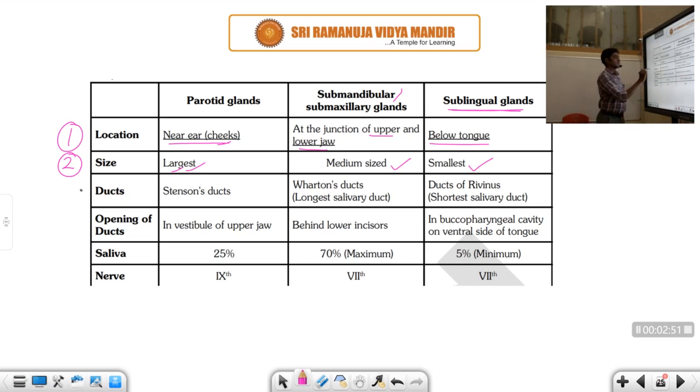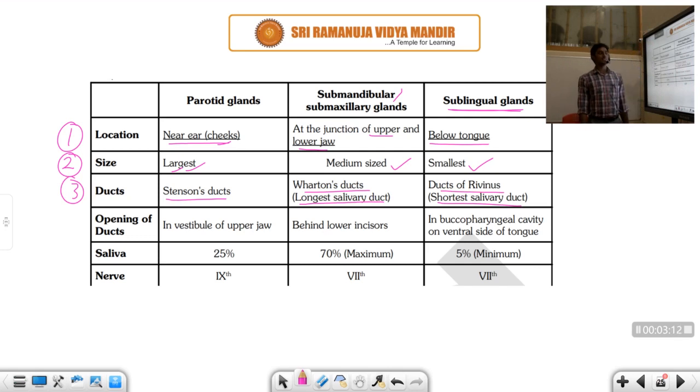Next, ducts. There is a duct between the palate and the parotid gland, called the Stenson duct. There is Wharton's duct, which is the longest salivary duct in the human being. And the duct of Rivinus is the shortest salivary duct.